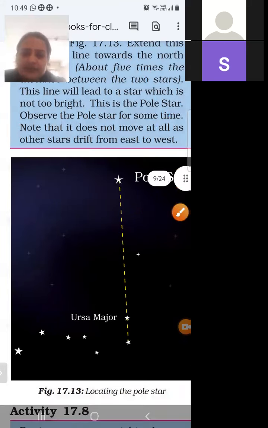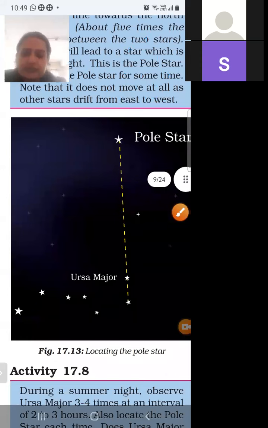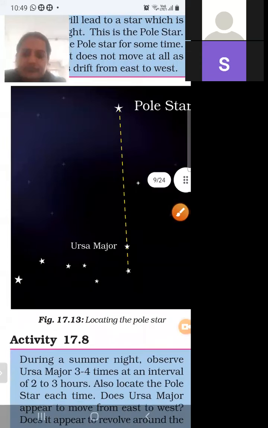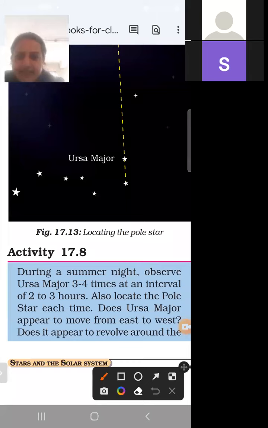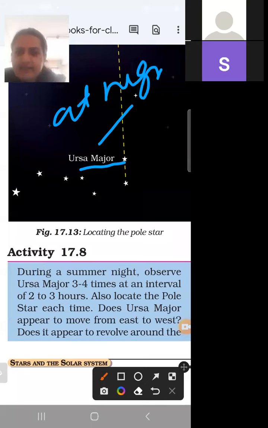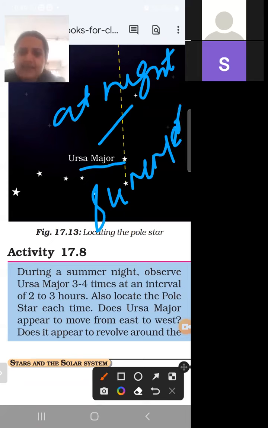Next is activity 17.8. This Ursa Major is seen at night in the summer.